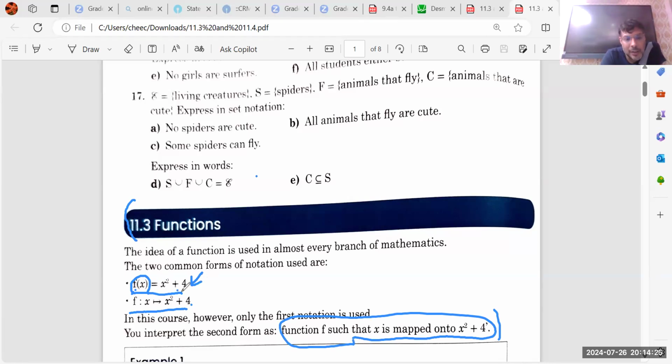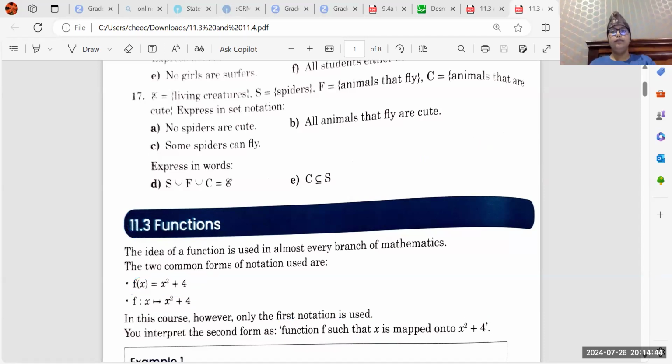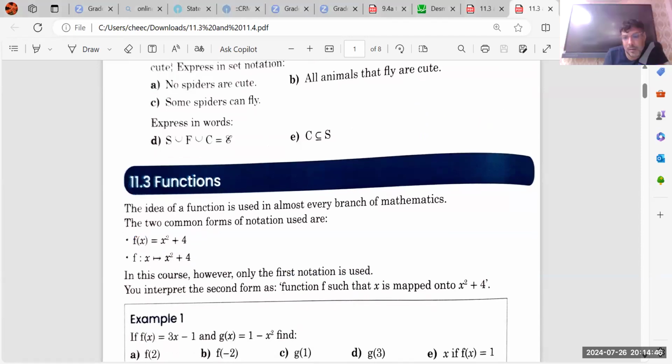Let's say your function is f of x is equal to x squared plus 4. Now if I ask you to find the value of f of 1, in place of x you will put 1, 1 plus 4 that is equal to 5. Understood, guys? Yes, sir.